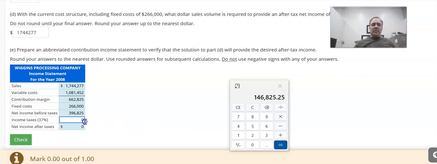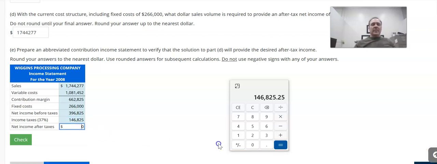That's going to give us, I kind of know what to do at this point because I'm almost to the end, 146,825, and I'm going to round down because remember we had to end up at exactly 250,000, and so let's see if we made it. 396,825 minus 146,825 equals 250,000, and that's what we were kind of hoping to get to in the first place.